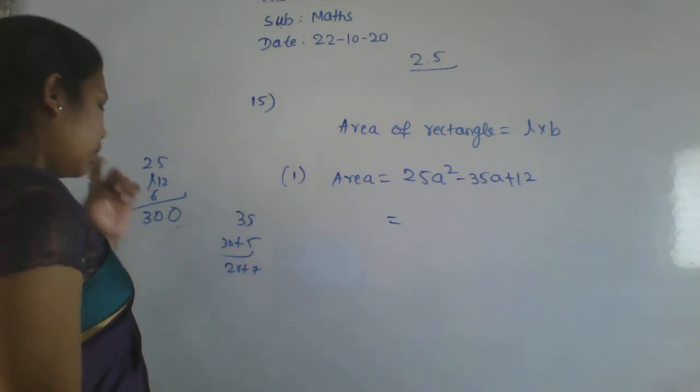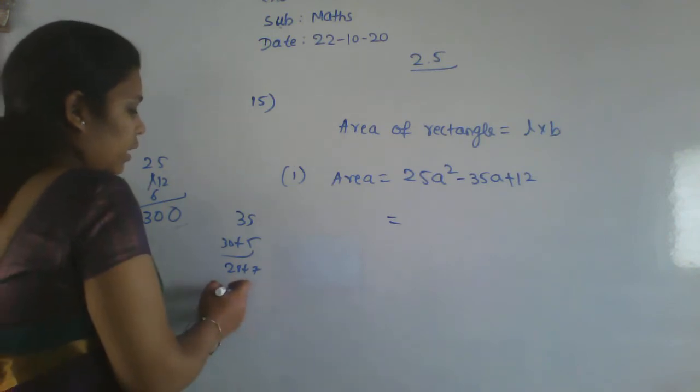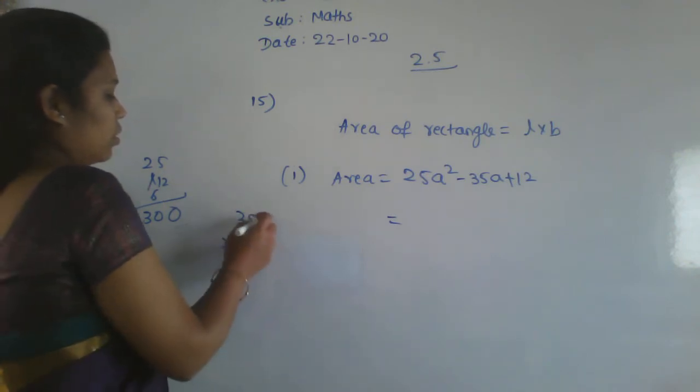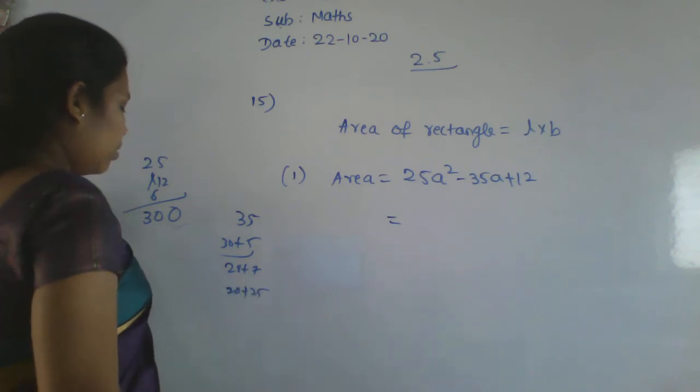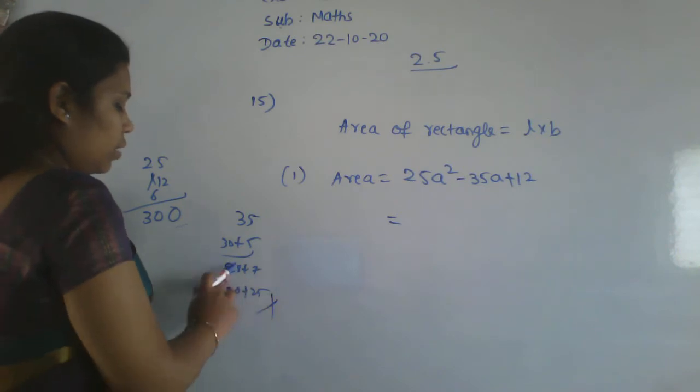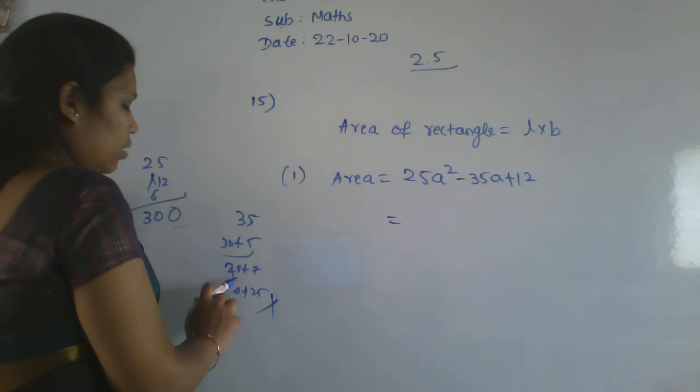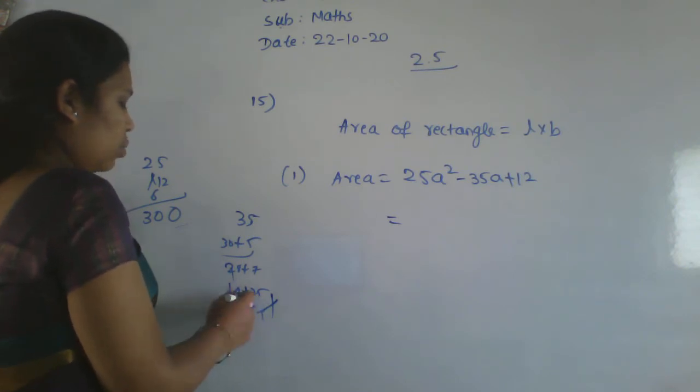No, it is not possible. And after that, 20 plus 15. No, it is also not possible. Sorry, this is a 10. We can't take a 10 also. Yeah, but it is a 250.